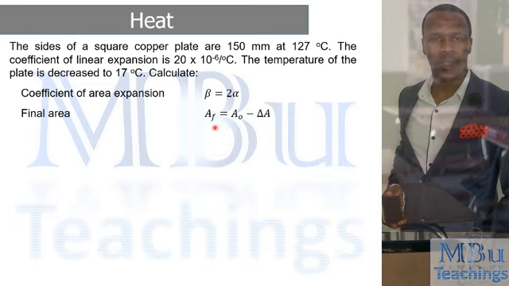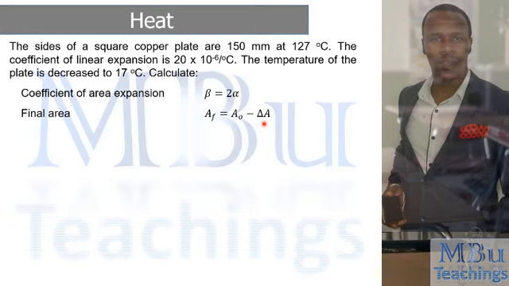We have our final area equaling the original area minus the change in area. The original area, you just change it to meters. The delta A equals the original area times the coefficient of area expansion times the change in temperature.